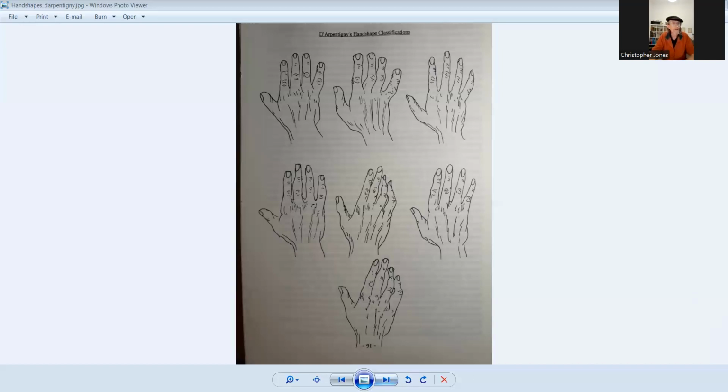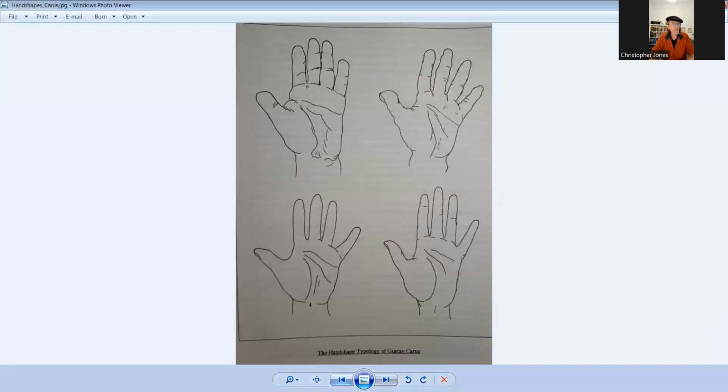The other most common system developed around that time was by a guy called Gustav Carus, who was a German physician, and he wrote a book in 1846 that developed a hand shape classification system based around whether the hand was prehensile or a touch type. And he came up with the elementary, the motoric, the sensory.